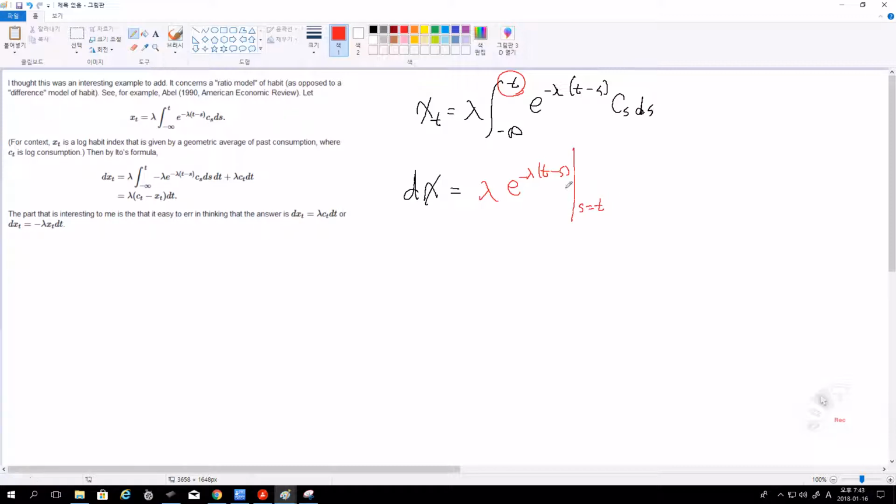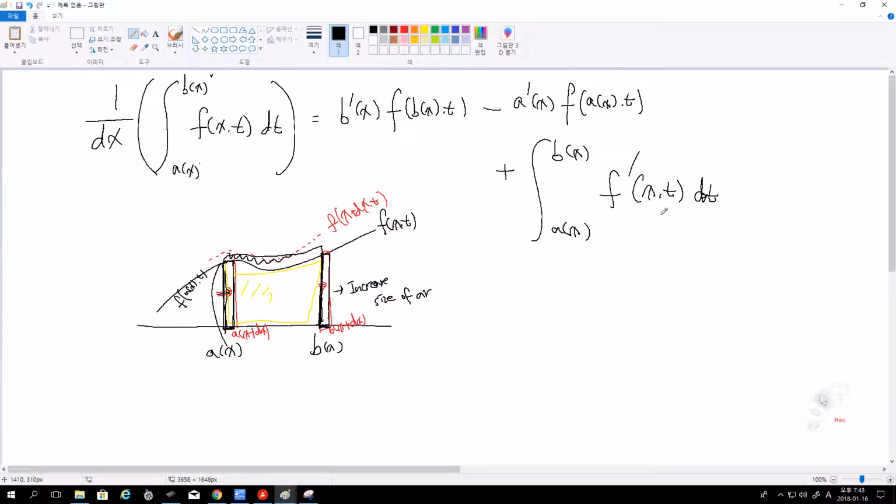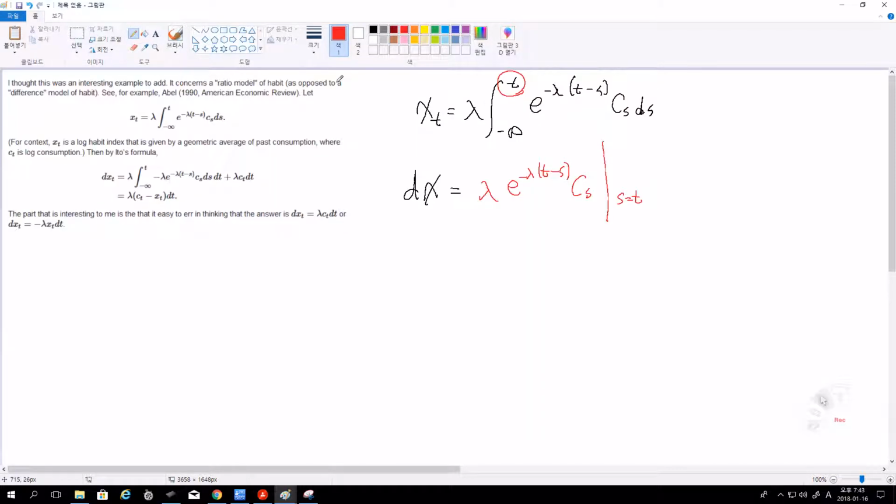And then here, sorry, again, I forgot c. And then c(s), but here s equals t. Okay, this is the first part. This part, right? Now about the second, this is minus infinity, so it is constant. You don't have to take anything out of this part.